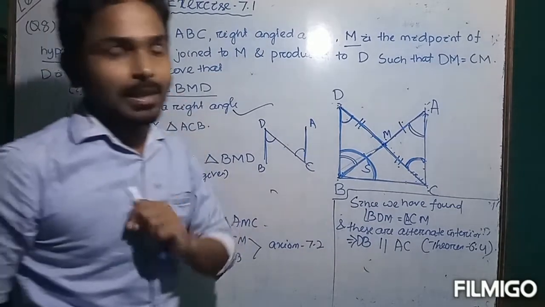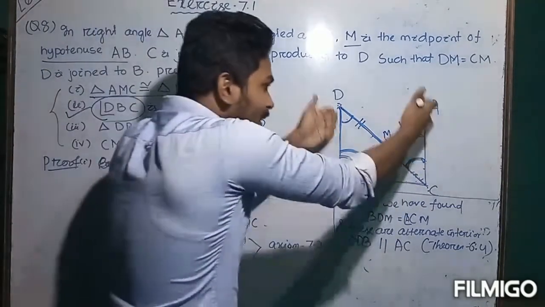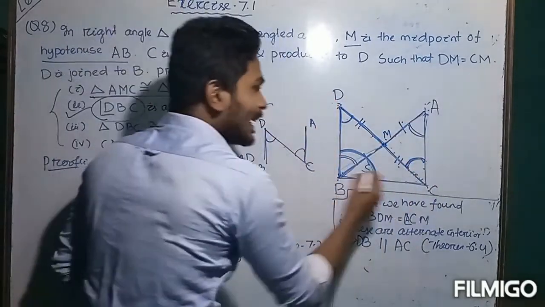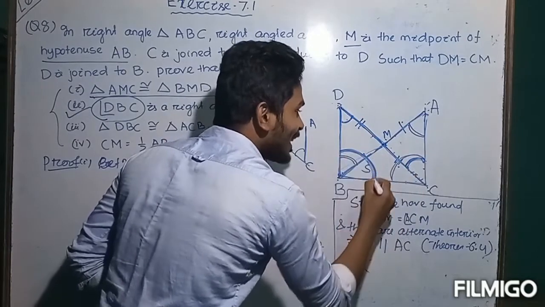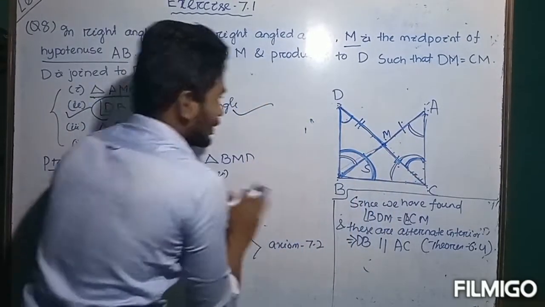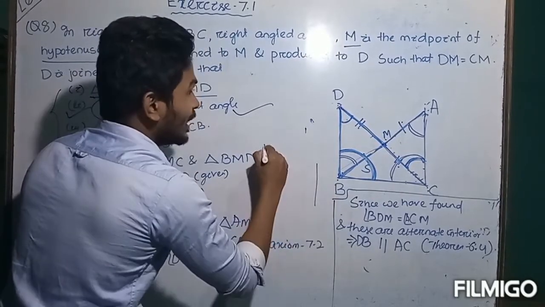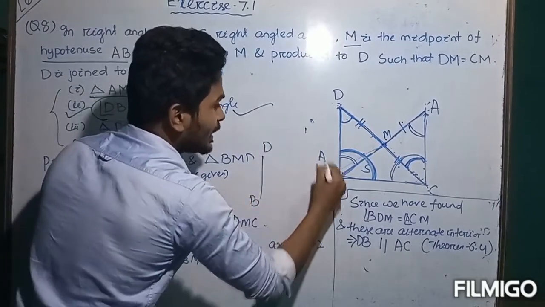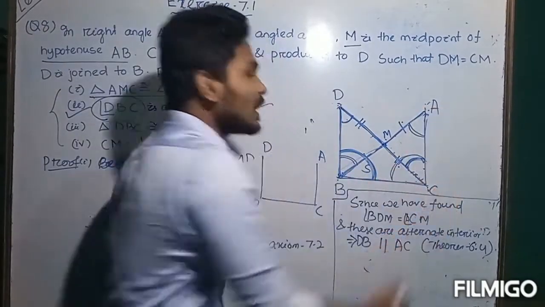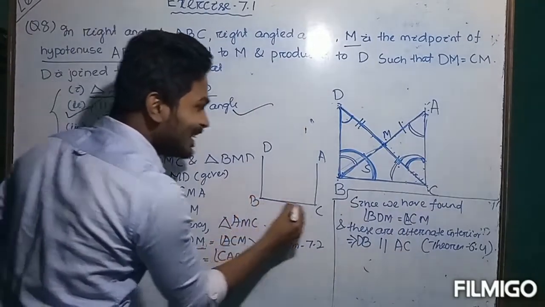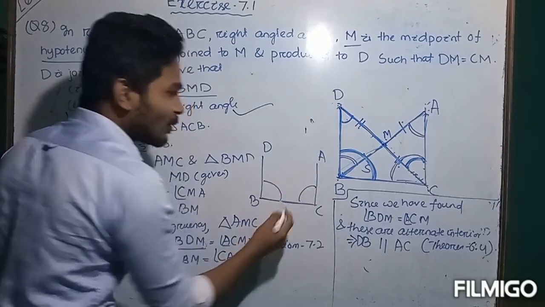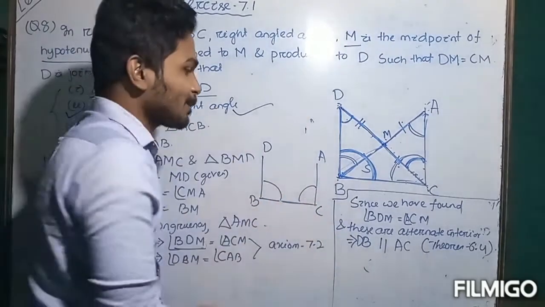DBC is a right angle. How? See, if these two lines are parallel, then can we write this angle and this angle are co-interior? See this figure. If DB and AC are two parallel lines and BC is a transversal line, then this and this are known as co-interior angles.